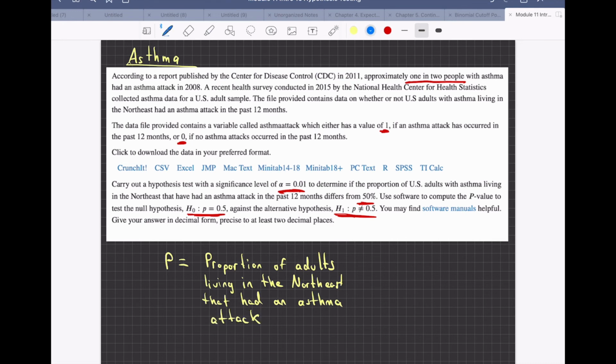Describe the parameter. There you have it. Hypotheses: the hypotheses are already provided. H null, p equal to 0.5, H alternative, p different from 0.5.